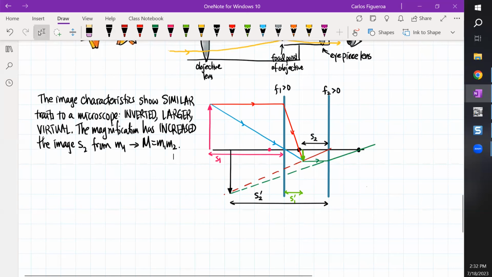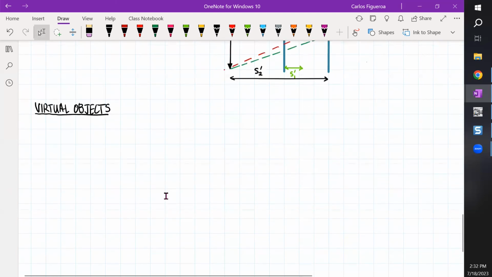Now, the last thing I want to do here is talk about virtual objects. So we just showed two of the most common optical instruments. We've talked about real objects, we should talk about virtual objects. And this only occurs in two lens systems.